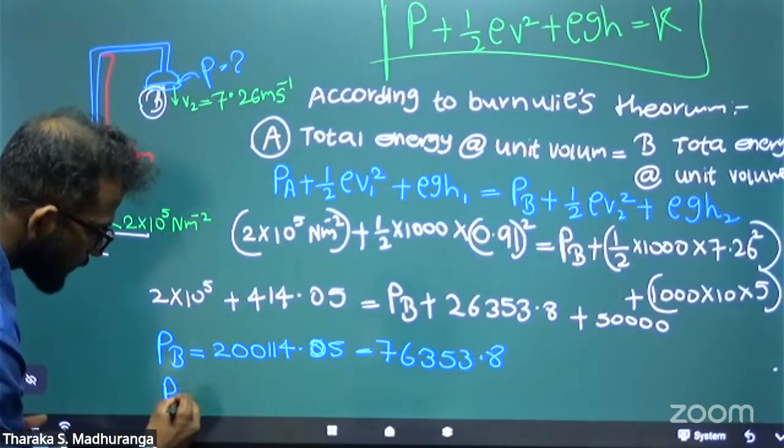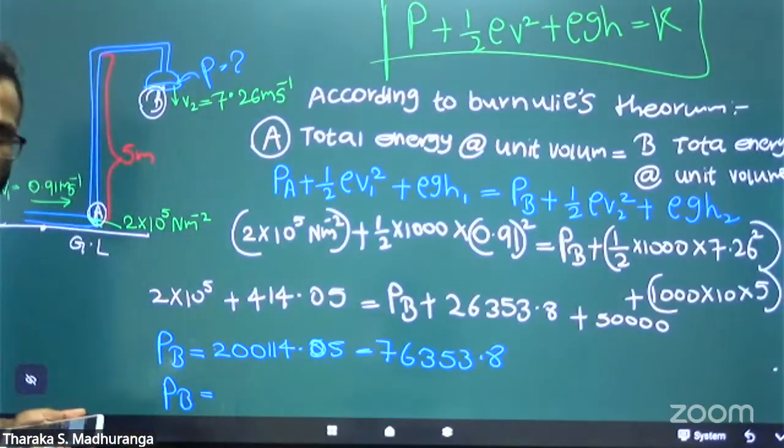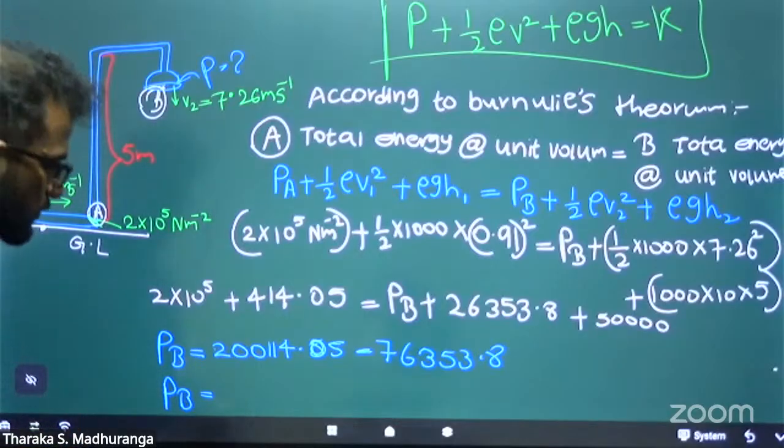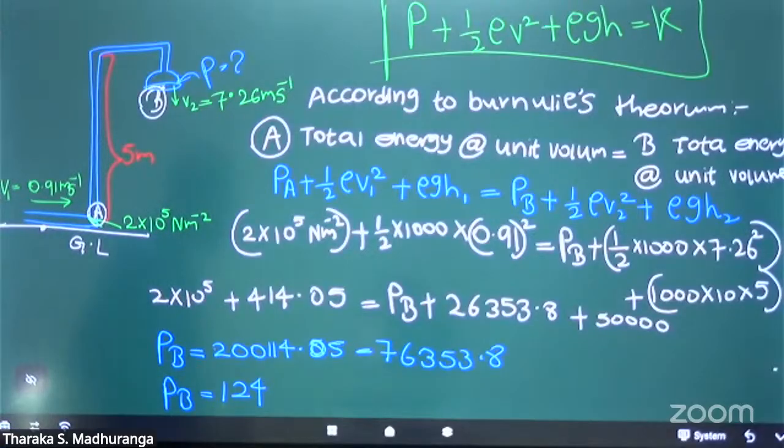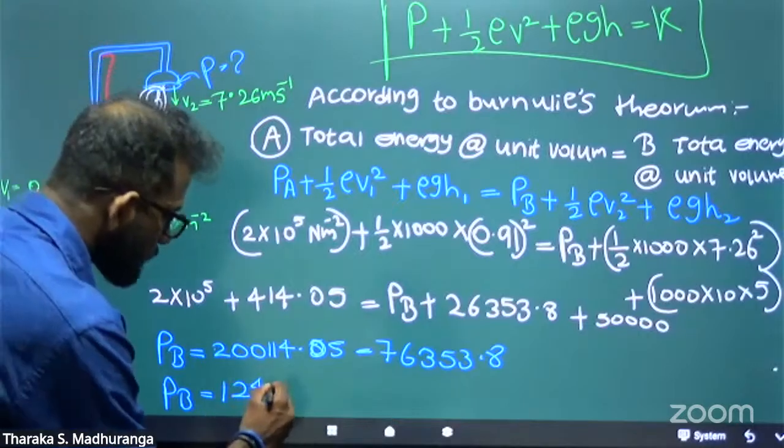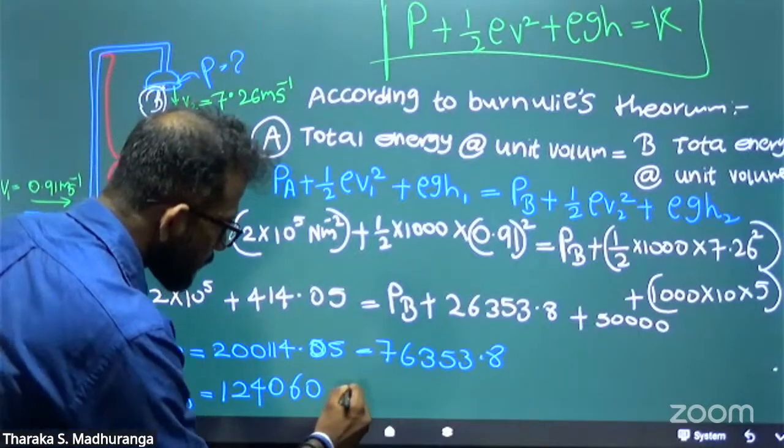PB equal, the actual calculation gives 124,060.7.